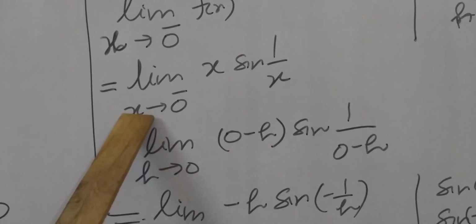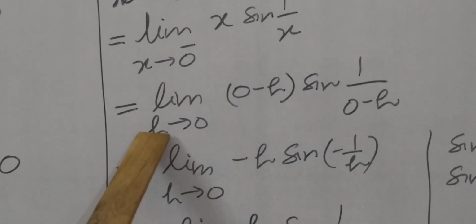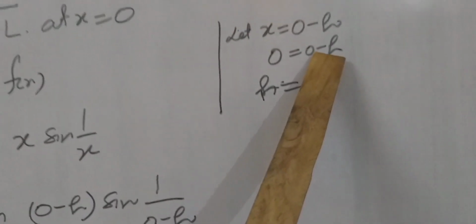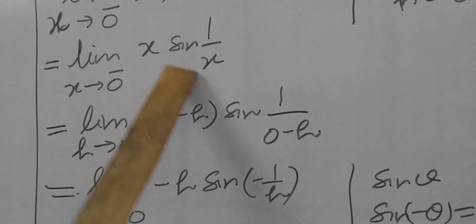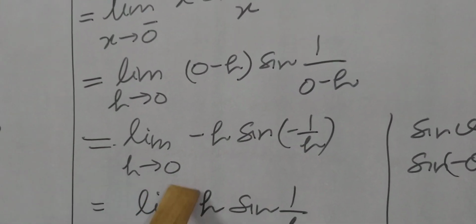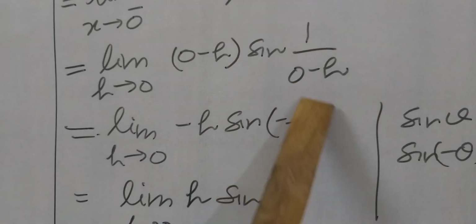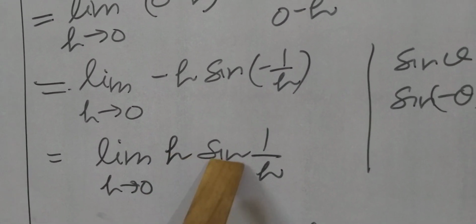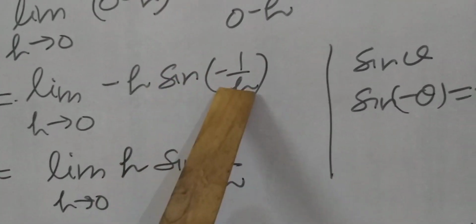So at the place of x tends to 0 minus, we will write h tends to 0. At the place of x, we will write 0 minus h, sine 1 upon 0 minus h. Limit h tends to 0, minus h sine minus 1 upon h, which is limit h tends to 0, h sine 1 upon h, because sine of minus theta equals minus sine theta.